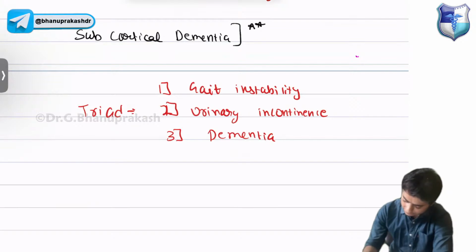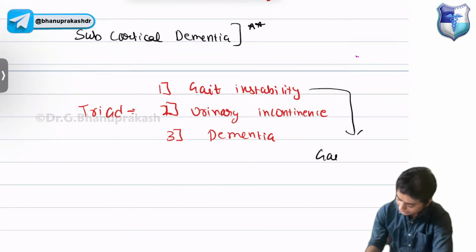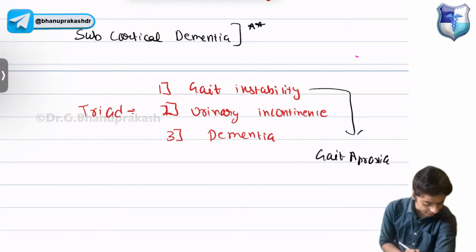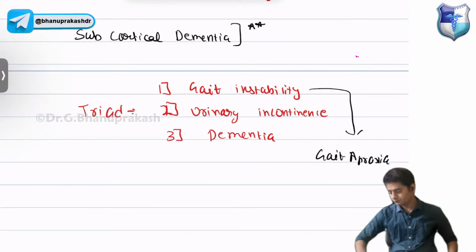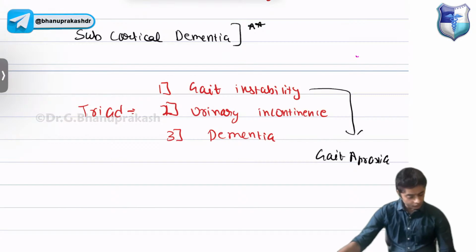In gait, this is your gait apraxia. Okay, everyone? NPH is reversible. It comes under reversible dementia.